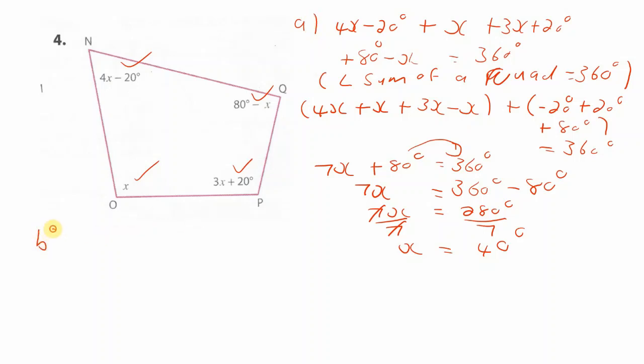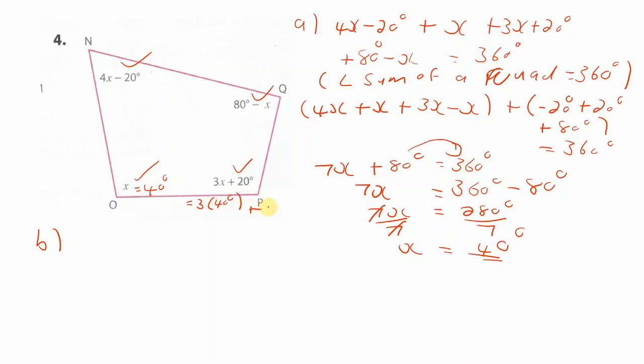B, we now have to classify the quadrilateral. We replace wherever we see x with 40 degrees. So here x is simply 40 degrees. Here we have 3 times, not x but 40 degrees.